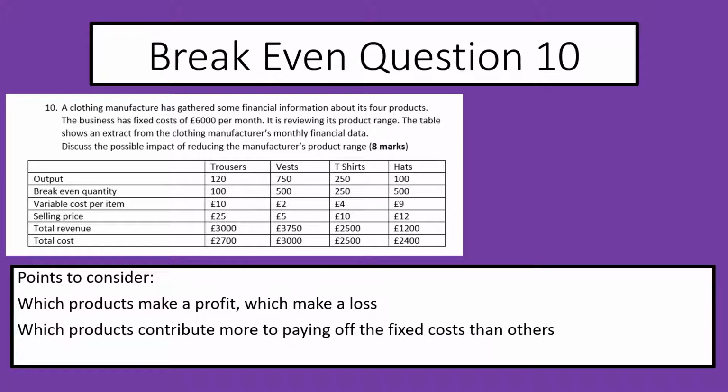Vests, they make a contribution of £3. T-shirts make a contribution of £6, but they don't currently make enough of them. And every time they sell a hat, they have a contribution of £3, but again, they're not selling so many of them. So the question is, what should they do?